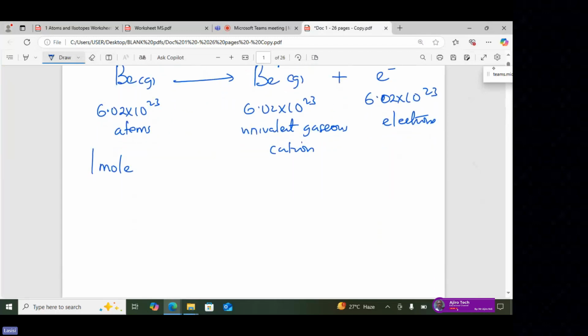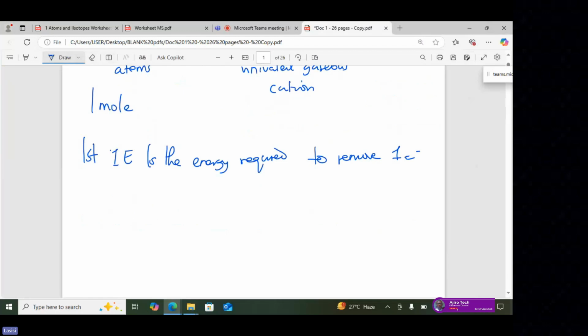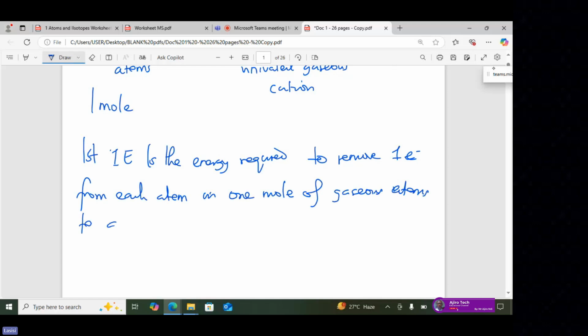So the first IE, this is very well, is the energy required to remove one electron from each atom in one mole of gaseous atoms to form gaseous ions.